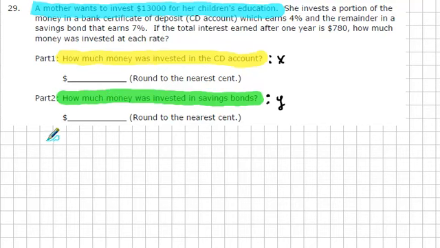So this leads us to the equation X plus Y is equal to 13,000. X, the amount of money invested in the CD account, plus Y, the amount of money invested in savings bonds, must be equal to the total amount that's invested, which is $13,000.